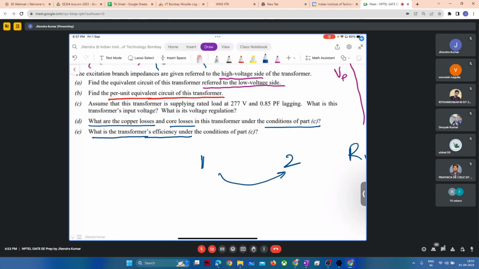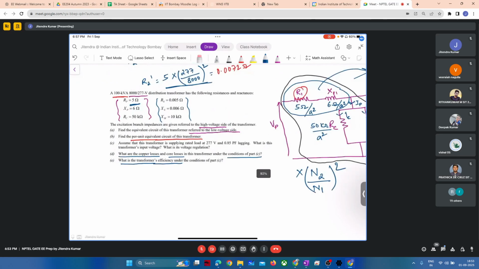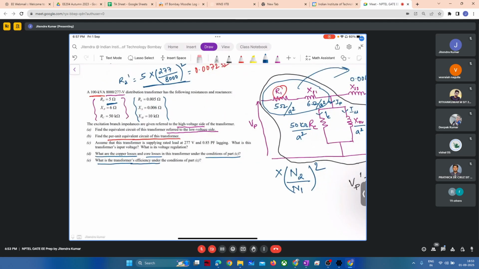So part D and part E are saying that we have to find out copper losses and core losses, and calculate efficiency. What is the approach here? Any hint? Do not forget the basic thing you need to do.